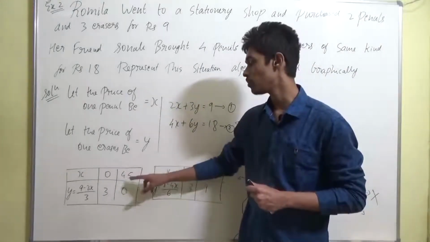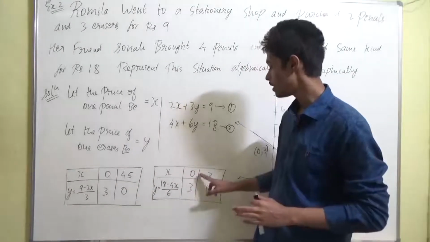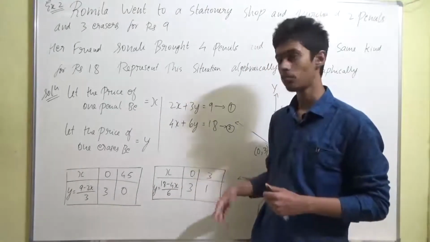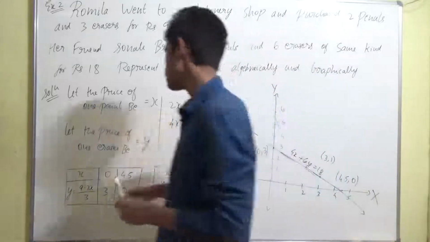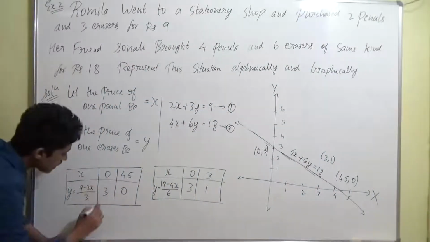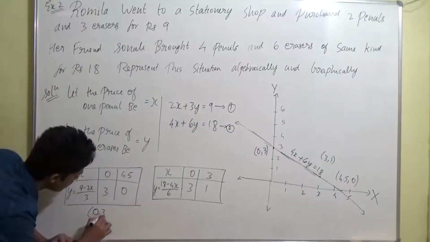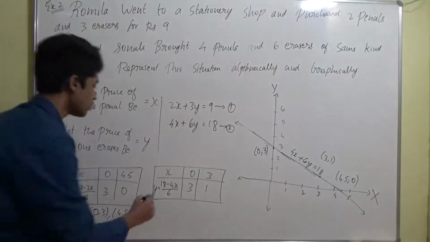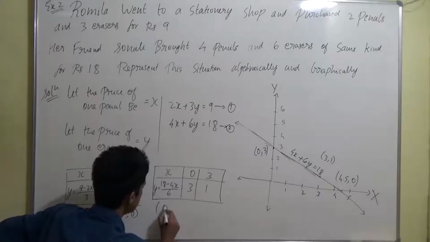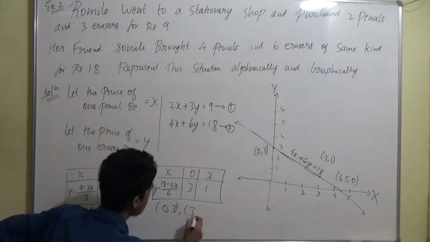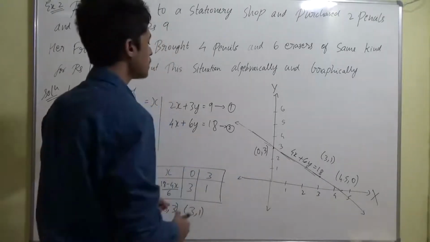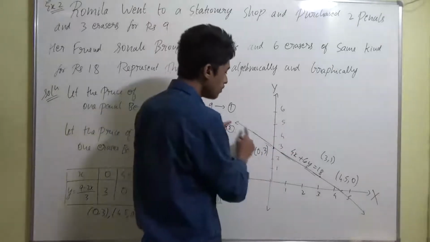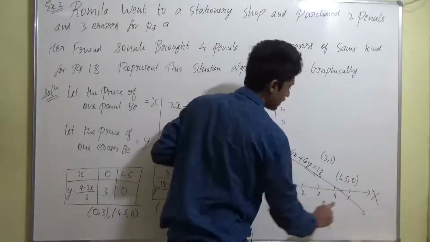These points which we get are x comma y, right? It is 0 comma 3 and 4.5 comma 0. Similarly here it is 0 comma 3 and 3 comma 1. If we plot these points in the graph, we are going to get a line like this, right?